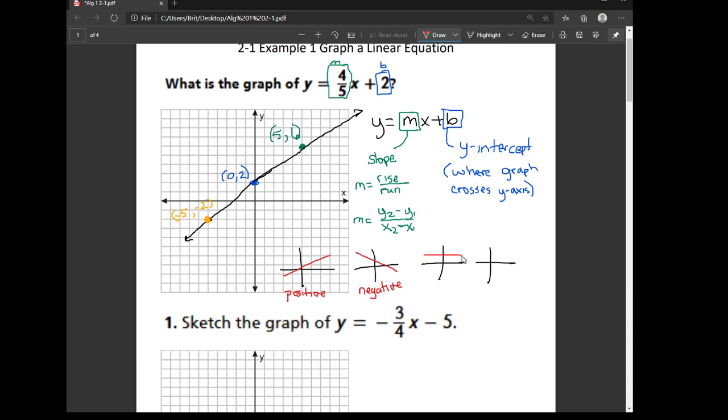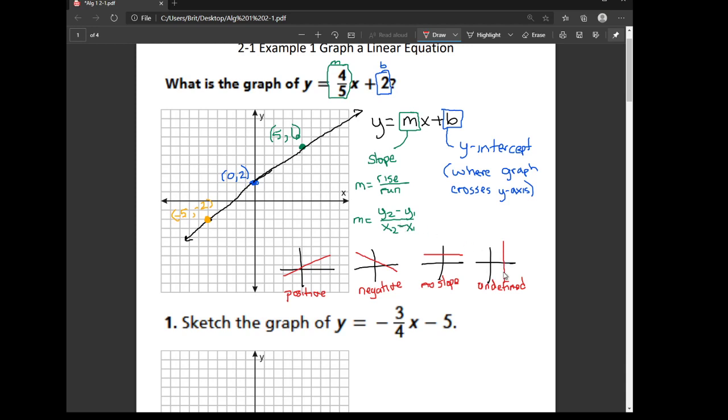If you have a horizontal line, there is no slope. And so what that means is that the slope would be 0, so the x term wouldn't be there. And then if you have a vertical line, you have what's called an undefined slope. And what happens there is your x values are both the same for whatever 2 points you choose.